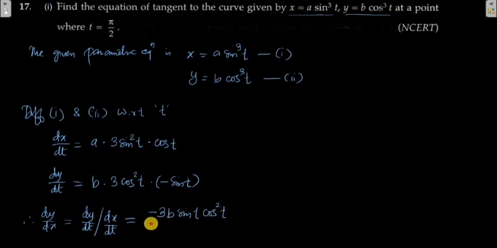Obviously I can do that. Divided by, we have dx by dt. Now dx by dt, in the same manner I can write as 3a sin squared t cos t. So this is your derivative. Now you see there are some things getting cancelled. For example, sin t and one of the sin gets cancelled. Similarly, cos t and one of the cos gets cancelled. 3 and 3 also get cancelled.